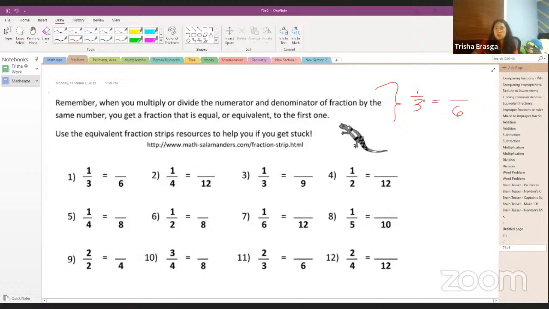We want to multiply this first number by another fraction, but it should be the same number. So it's either like 1 over 1, or 2 over 2, or 3 over 3, until we get the same values as this one. So what can I multiply to 3 to get 6?